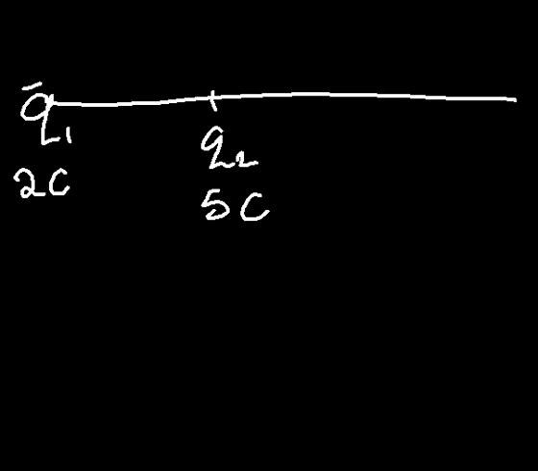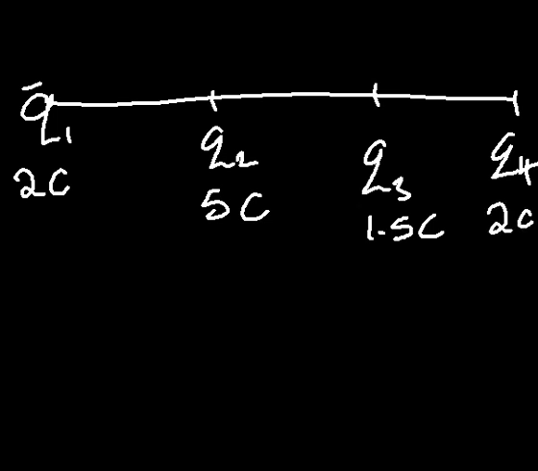Let's say this is charge 1, negative, given as 2 coulomb. And let's say this is charge 2, given as 5 coulomb. And let's say this is charge 3, given as 1.5 coulomb.